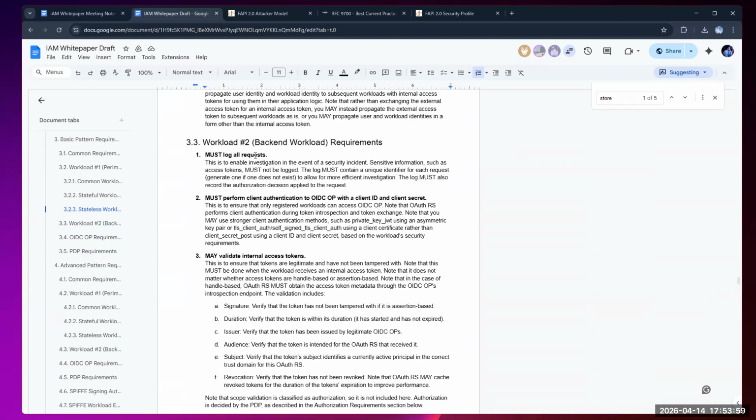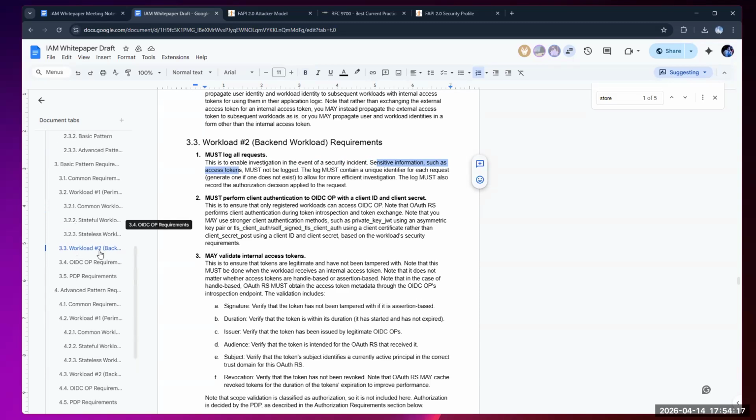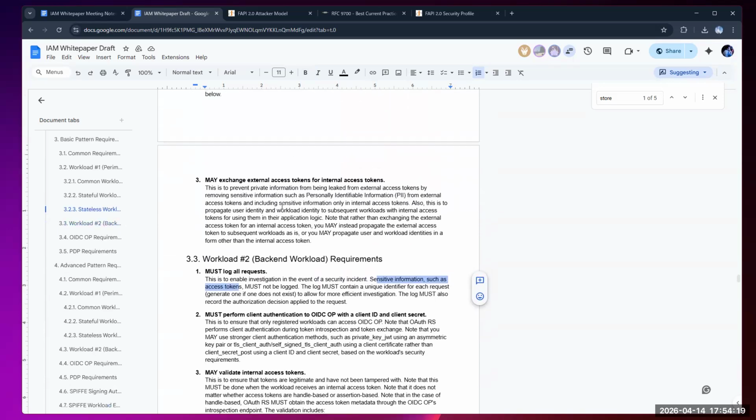Oh, here: "must log request". "Sensitive information such as access tokens must not be logged." And this is a workload 2 requirement.